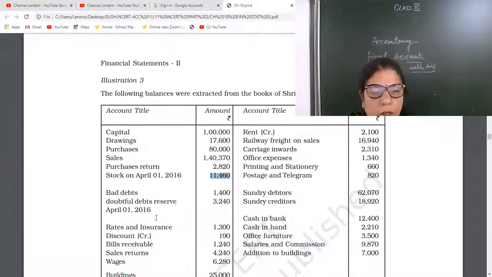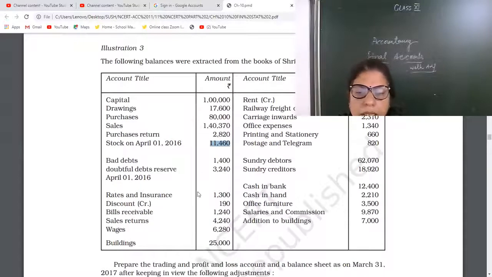Now bad debts means the amount which is not recoverable from the debtors. Those debts which prove bad will be in debit side of P&L. Then doubtful debts reserve, this is opening PDD. Then rates and insurance, P&L debit.